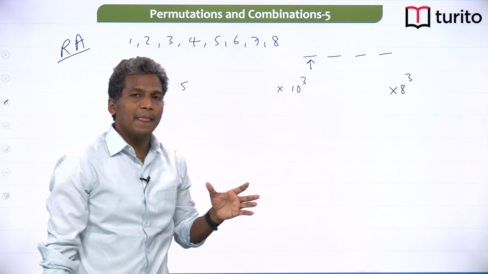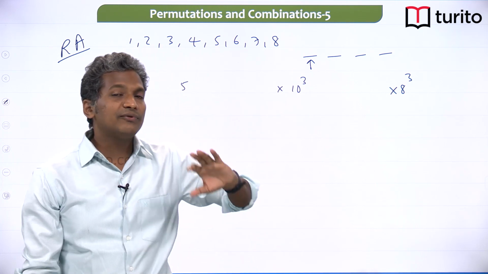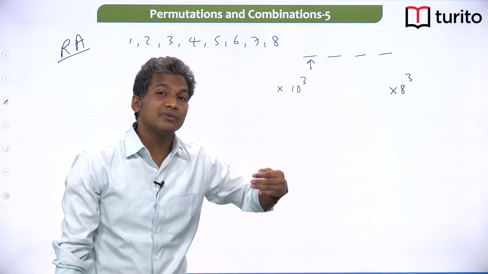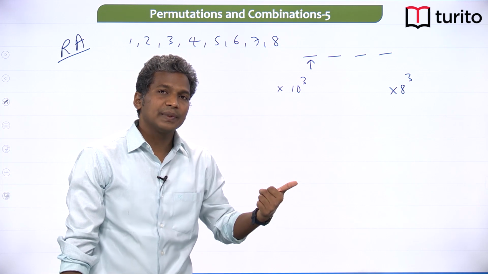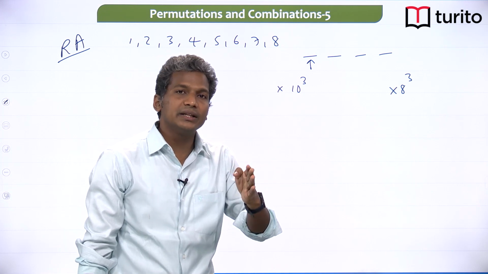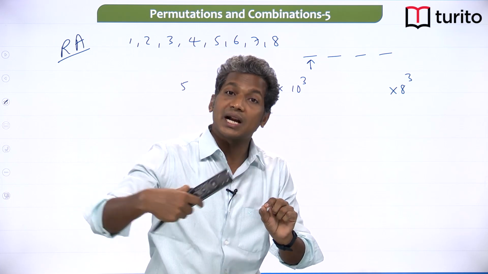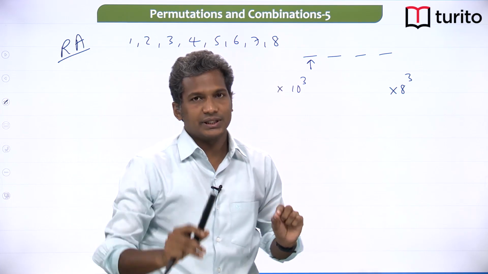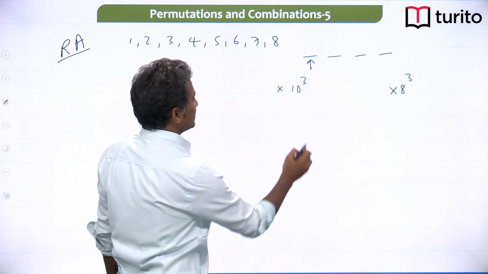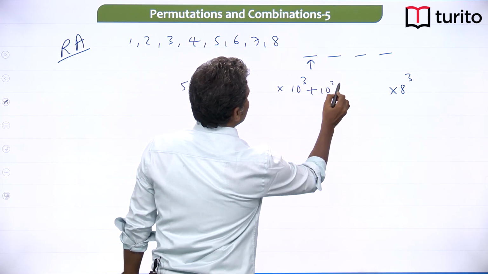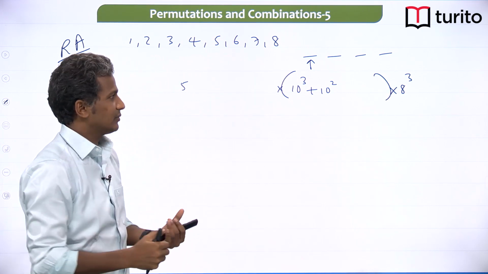Now, similarly 5 can come in the hundreds place also. When 5 is coming in the hundreds place, its value is 500, but how many times is it coming? For that I have to fix 5 in the second location and fill the other 3 locations randomly in 8 cube ways, right. So I just have to add 10 square here and put a bracket, that is what it means, okay.